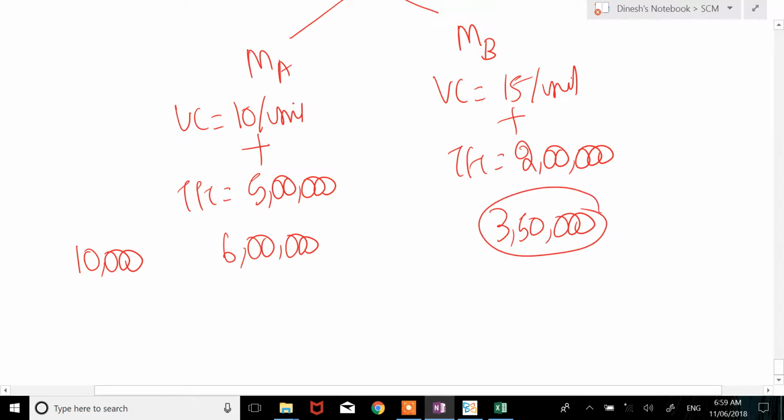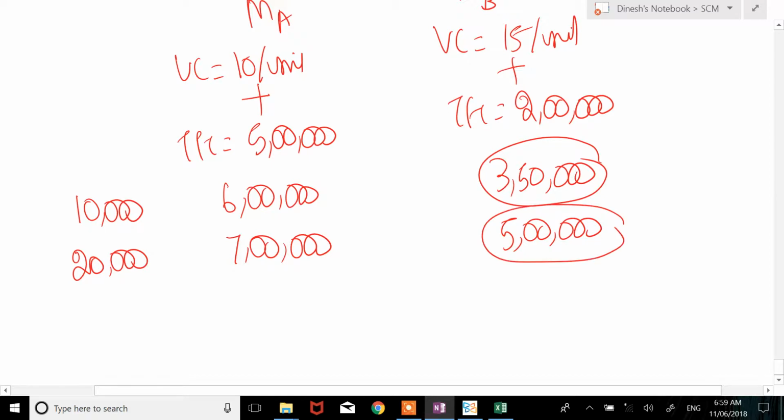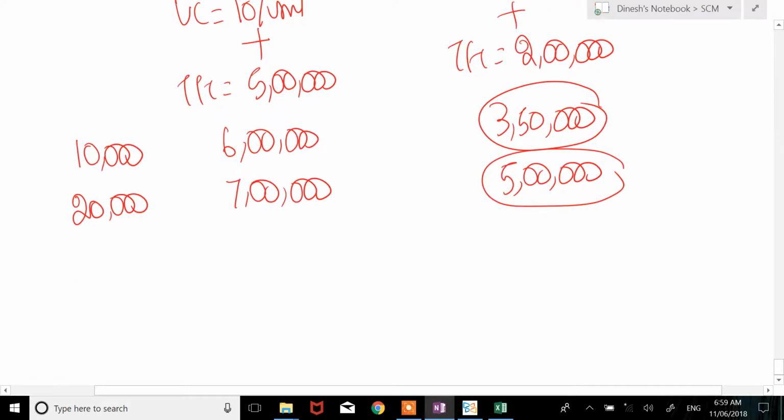This is my preference. 20,000 units. How much? 7 lakhs, and again I prefer this. 60,000 units.